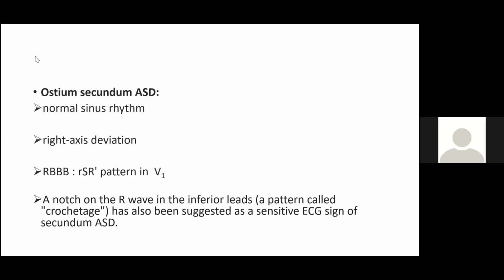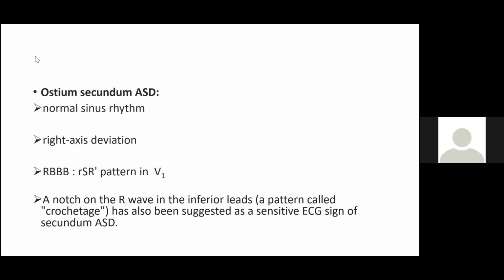Thank you, sir. So for the different types of the ASD, I mentioned the septum primum, the septum secundum, the coronary sinus ASD, and the sinus venosus ASD.